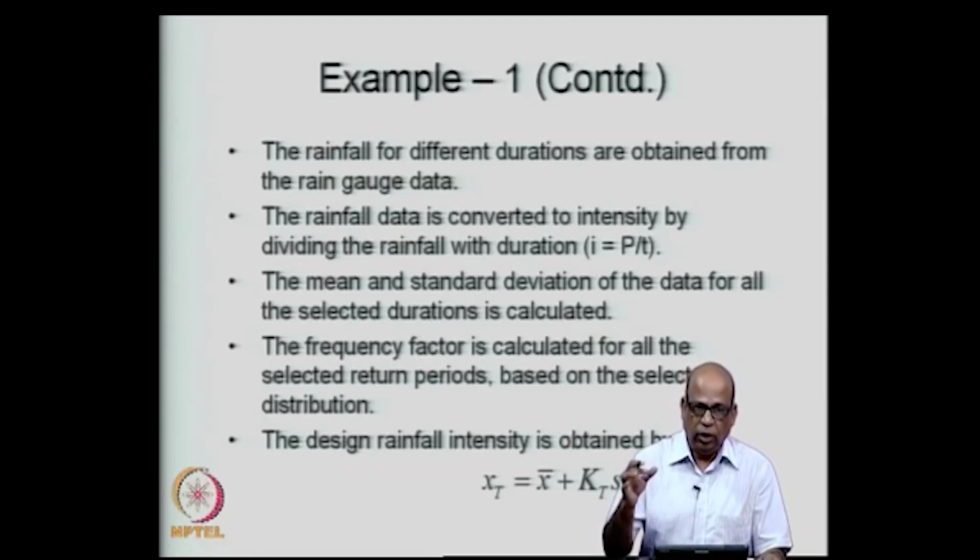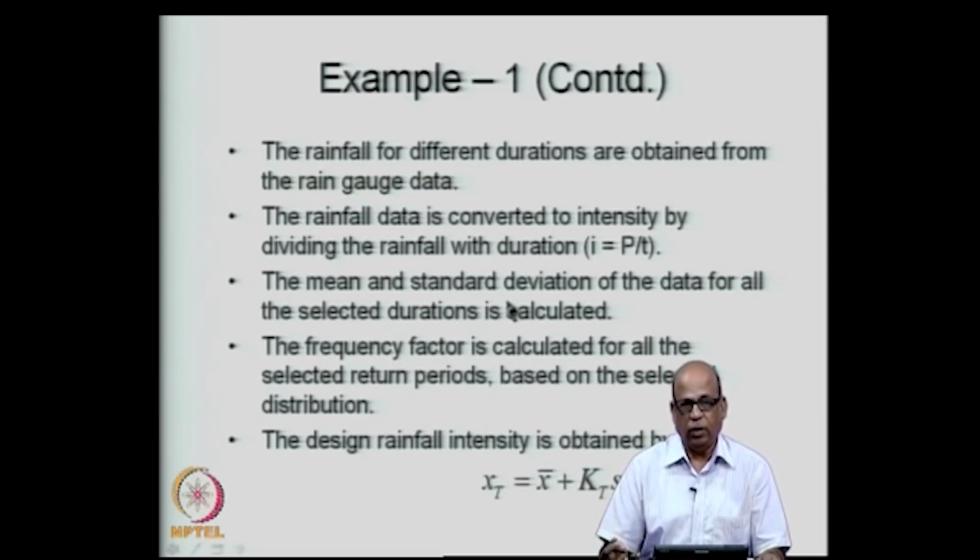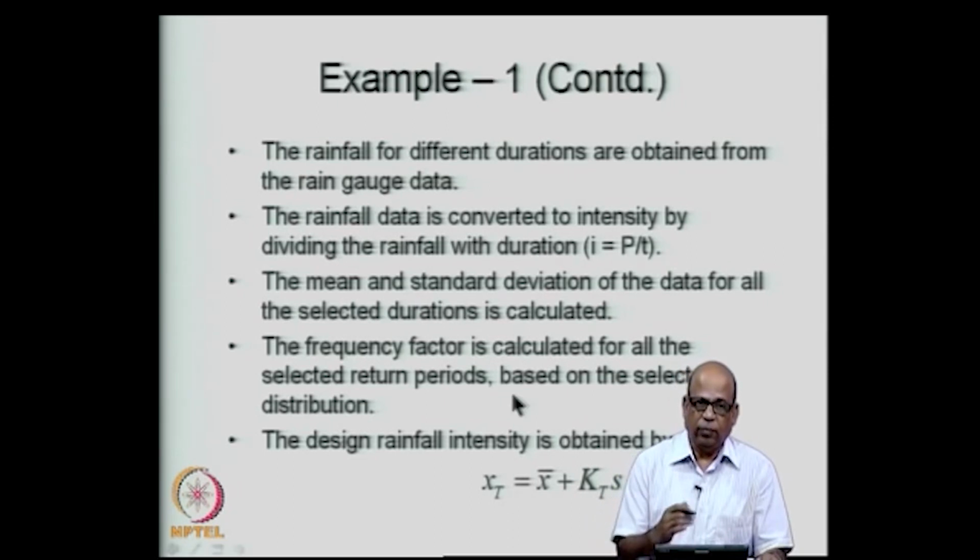Now, corresponding to each of the durations 1 hour, 2 hour etcetera, we compute the statistics, typically the mean and standard deviation, which are necessary for your frequency analysis. Then based on a selected distribution, as I said, typically we start with extreme value type 1 distribution. We get the frequency factors corresponding to different return periods.